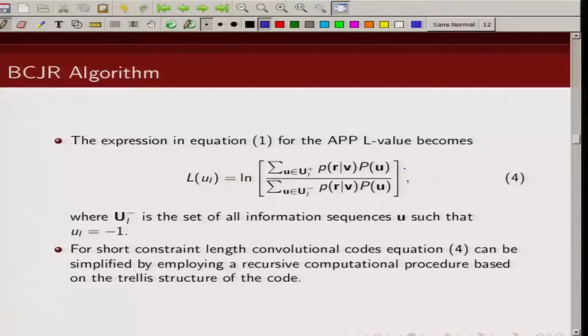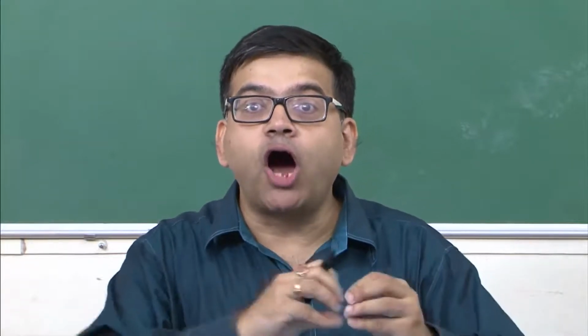Now, can we use the structure of the convolutional code to simplify this expression? The answer to this is yes. So, we are going to simplify this equation 4 by using the trellis structure of the convolutional code. We know all possible transitions are not possible.